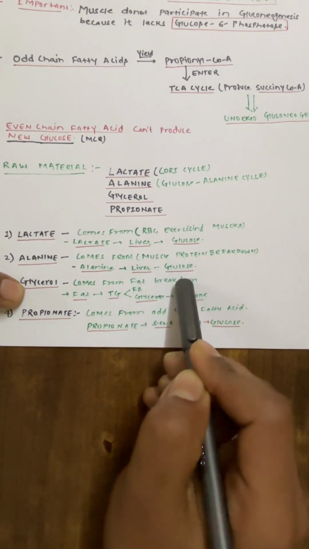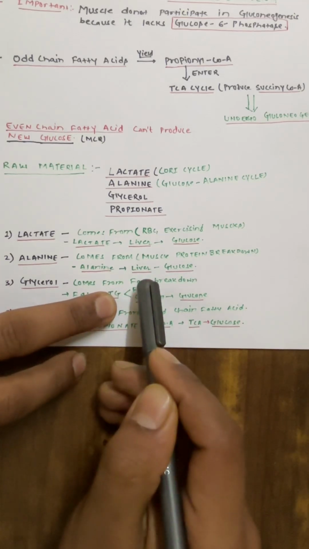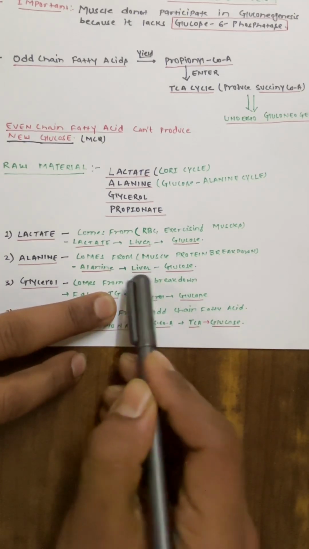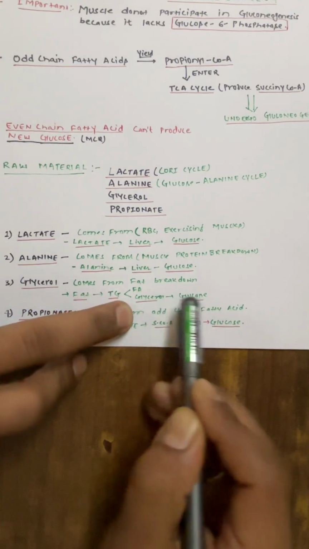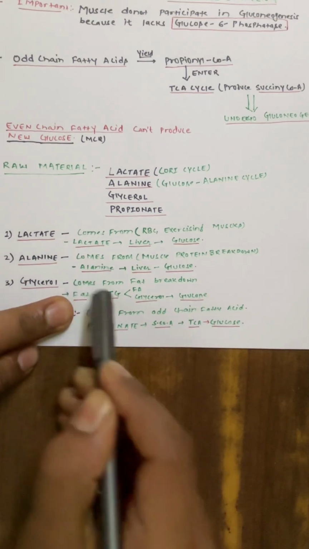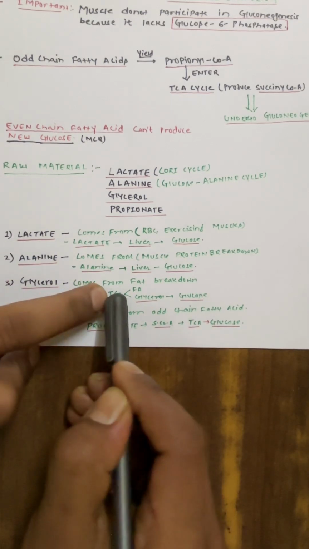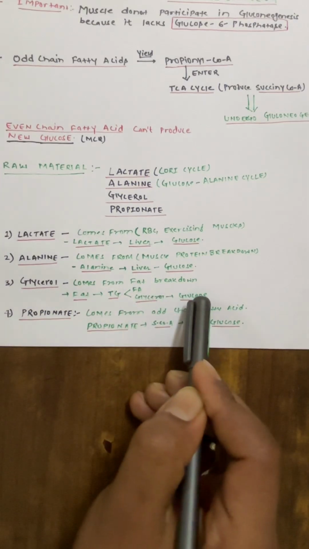Fat breaks into triglyceride, and the triglyceride breaks into fatty acids and glycerol. The fatty acids don't take part in gluconeogenesis; only glycerol forms glucose.